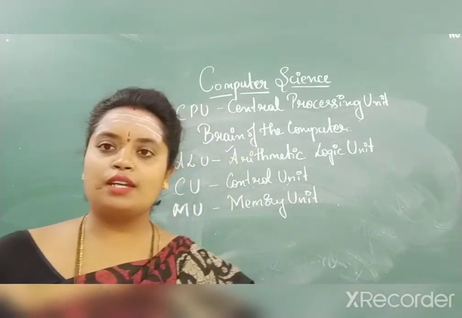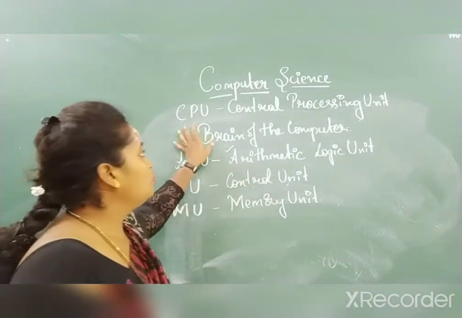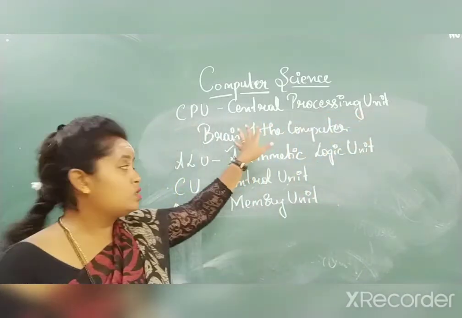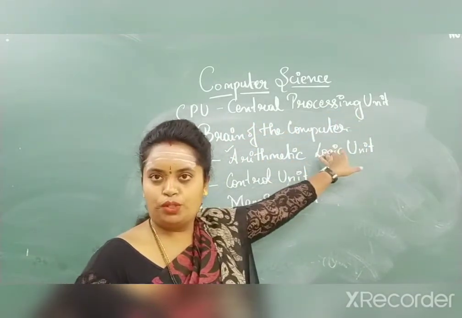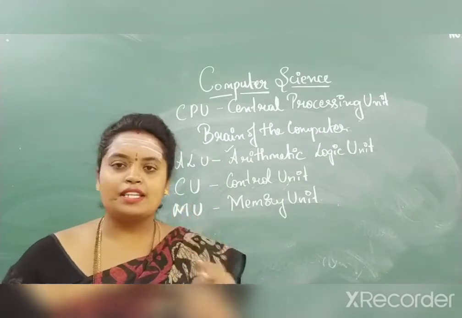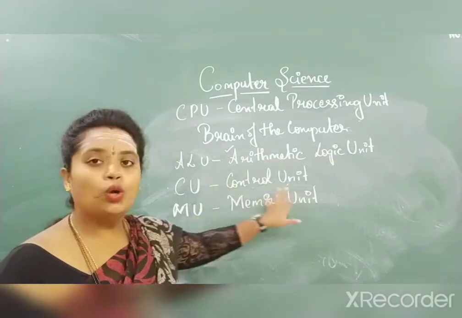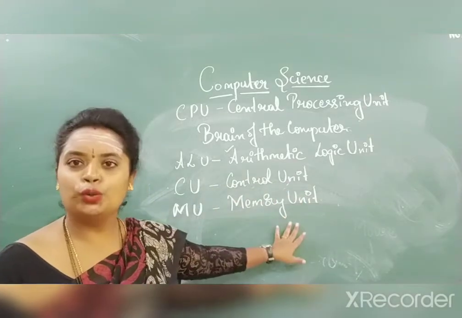CPU. Did you understand what is a CPU? A CPU is called the central processing unit. It is called the brain of the computer. It has mainly three parts in it: arithmetic logic unit, control unit, memory unit.